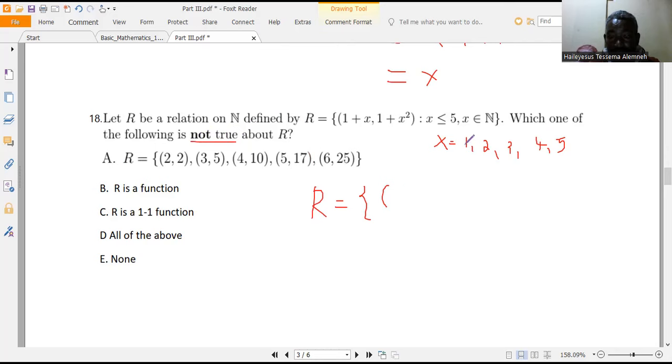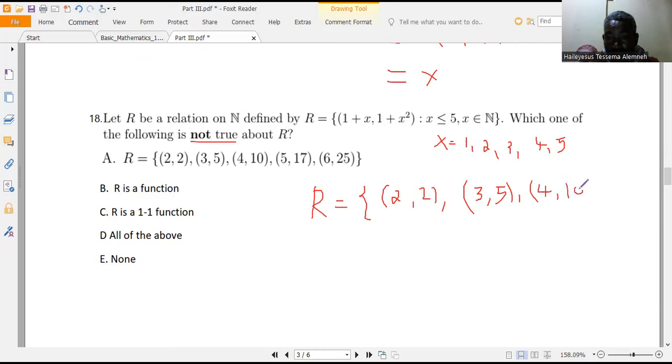When x is equal to 1, we get 2 and 2. When x is equal to 2, 1 plus 2 is 3, and 2 squared is 4, plus 1 is 5. When x is equal to 3, 1 plus 3 is 4, and 1 plus 9 is 10.